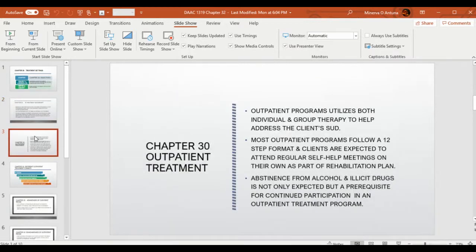Treatment for a substance use disorder is delivered at various levels of care and many different settings, as we well know. So substance abuse treatment must continue for a sufficient length of time to treat the disease.